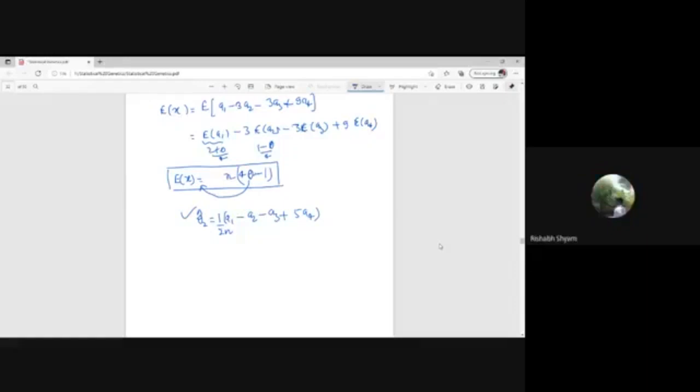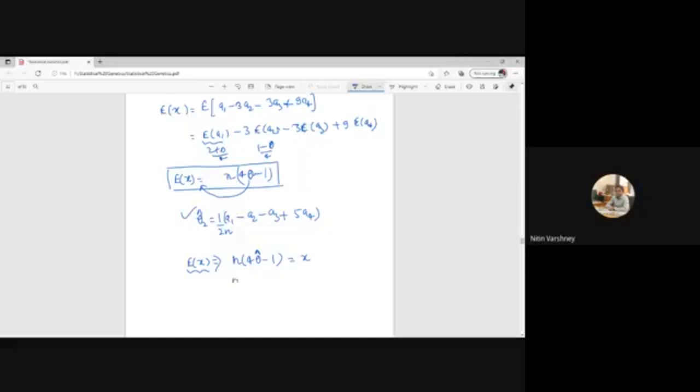Sir, put the value of x, a1 minus 3a2. Yes. See this equation. This is the expected value of x, n(4 theta minus 1). Now if I take this as an estimator, then this will be equal to our x.